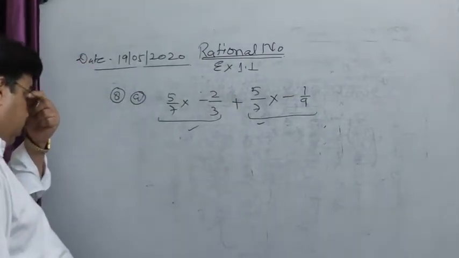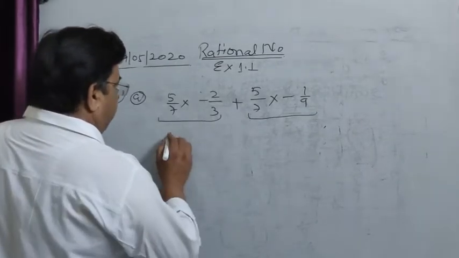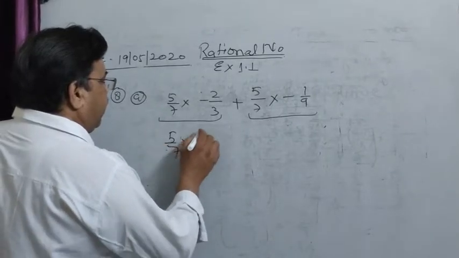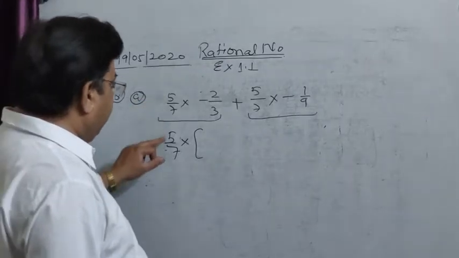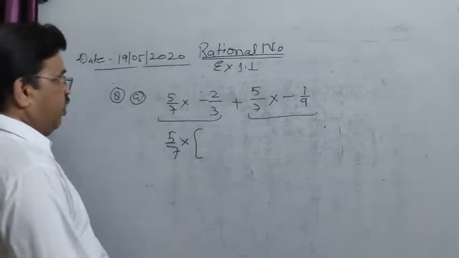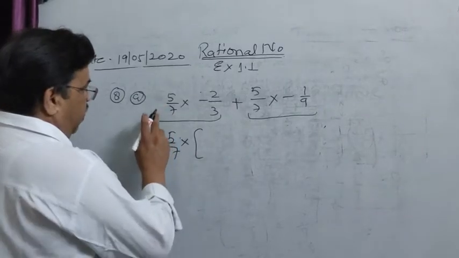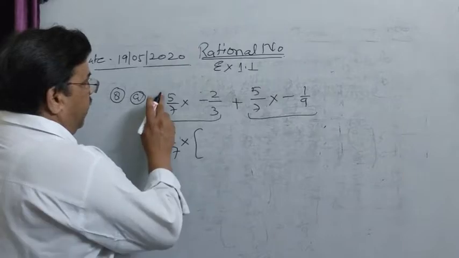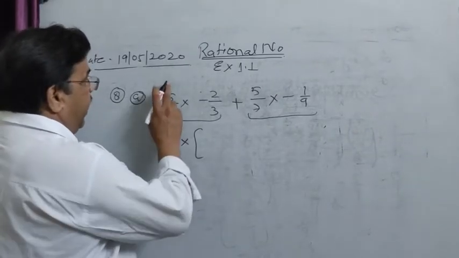Means दोनों में है, so you have to take common number out of the bracket. You will say 5 by 7 common, and this number is divided by this number. 5 by 7 is divided by 5 by 7, you will get 1.